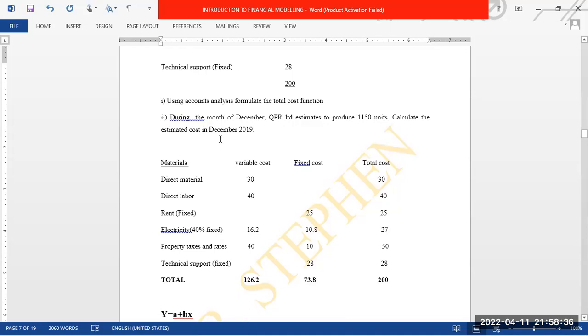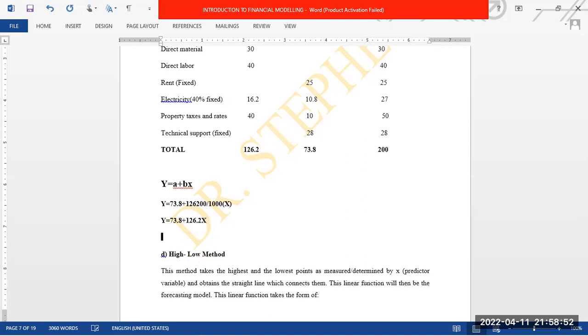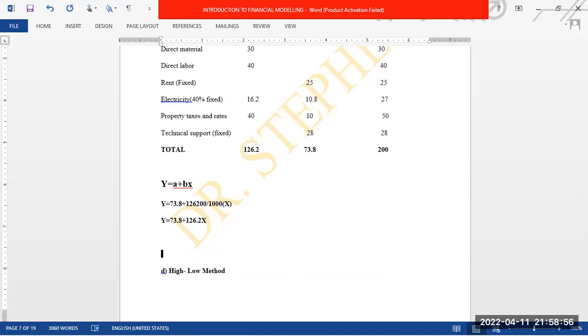Calculate the estimated cost in December. So for you to do this, the estimated cost in December is supposed to be this. So that is cost per unit. So we are solving our Roman 2.